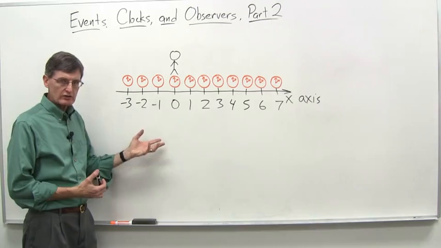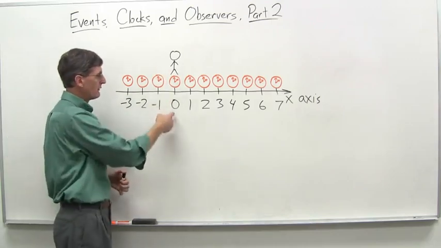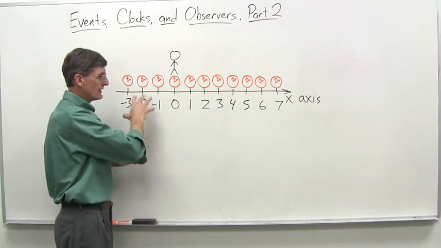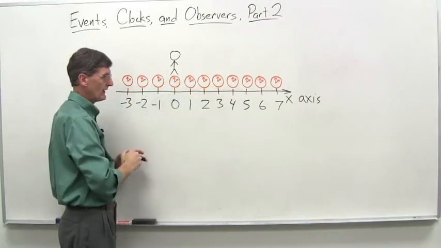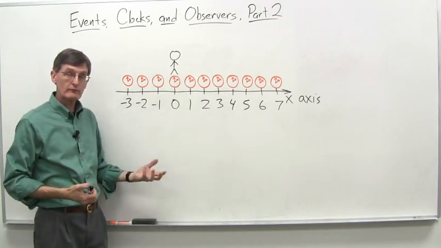So the challenge is how to synchronize those clocks. Here we are, we're the observer. We have a whole bunch of clocks, and we need to get them at each point along our x-axis, and we need to make sure they're synchronized. So first we'll assume we have a master clock.